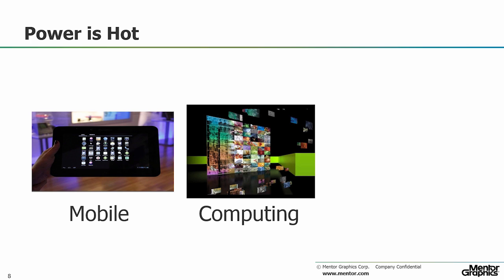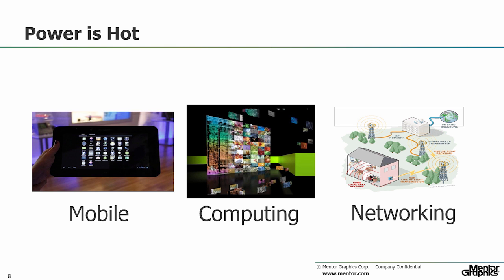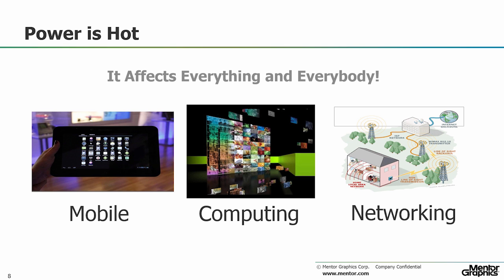Also, for the high performance computing, energy consumption is critical, both for cost and complexity reasons, especially when related to cooling solutions. And of course, the networking domain or the internet, which is the backbone of both these domains, where reliability and availability are the major concerns. So indeed, it does affect everything and everybody.